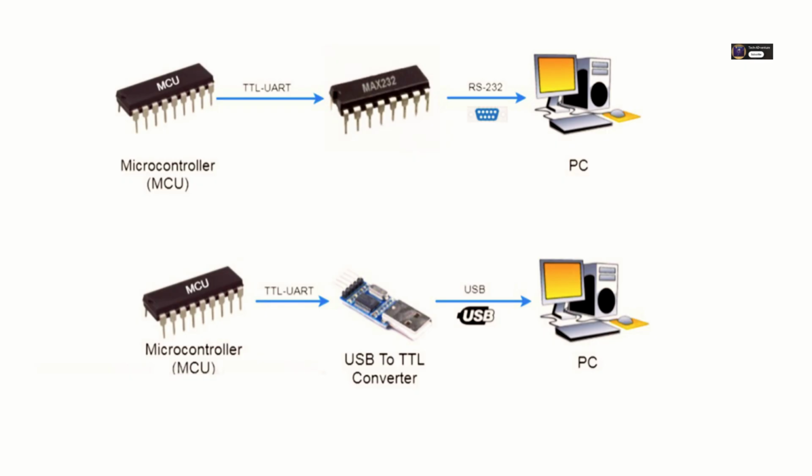But for genuinely long distances across a room, a building, or even further, up to 1,200 meters, RS-485 is the way to go. Its differential signaling is much better at rejecting noise picked up over long cables. And for any longer cable run, regardless of the standard, using shielded cables and twisted pairs for the signal lines is highly recommended to minimize noise interference.